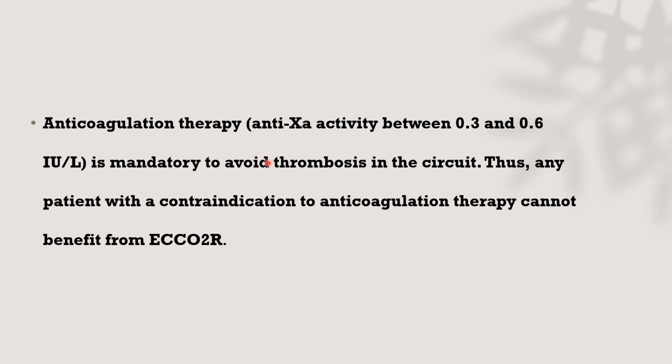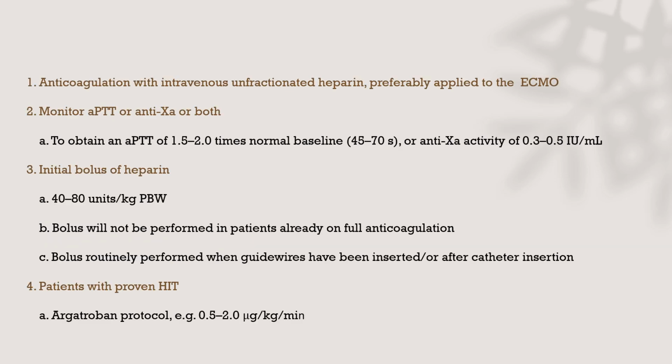Anticoagulation therapy, anti-factor 10 activity between 0.3 and 0.6 international unit per liter, is mandatory to avoid thrombosis in the circuit. So any patient with a contraindication to anticoagulation therapy cannot benefit from ECCO2R therapy. Anticoagulation with intravenous unfractionated heparin is preferably applied, as in ECMO.